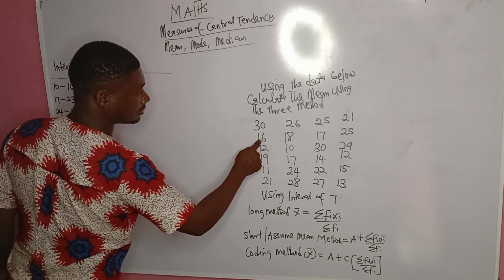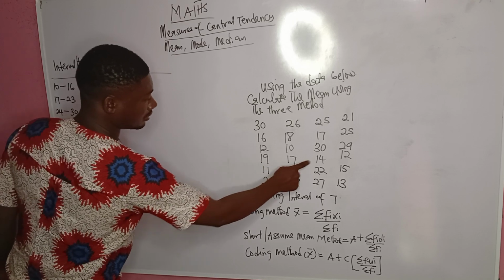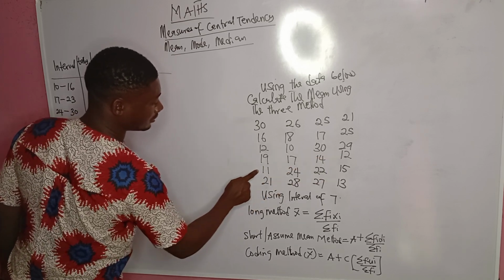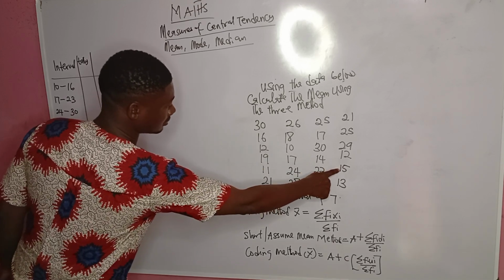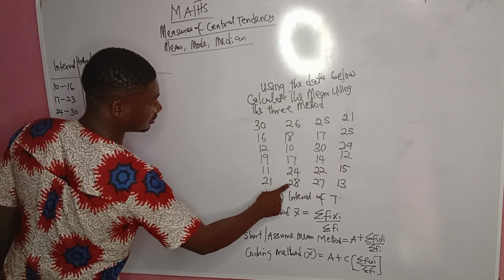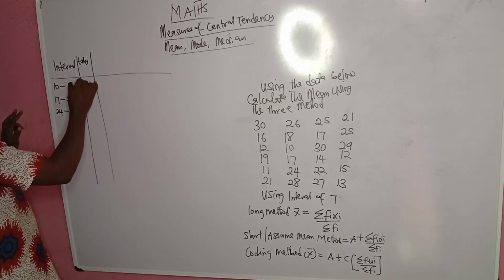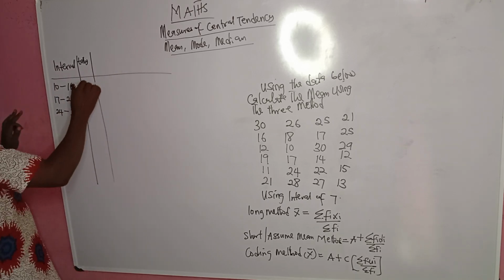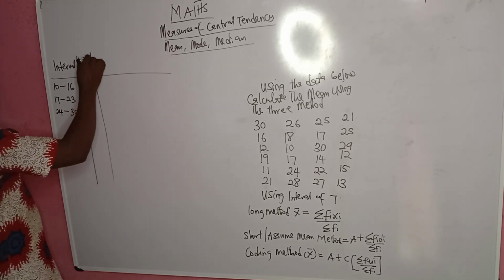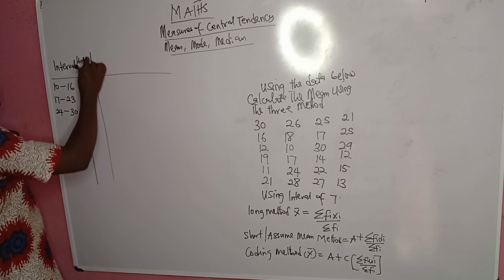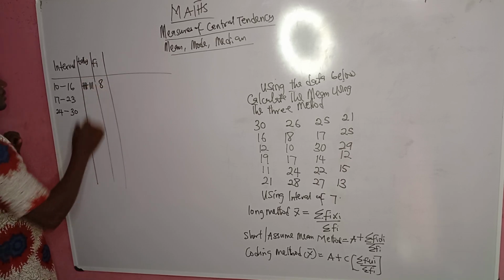In the second one, we have 1, 2, 3, 4, 5, 6, 7, 8. So we have 8. That gives us 1, 2, 3, 4, 5, remaining 3: 1, 2, 3. Then the frequency, which is f1, is 8.